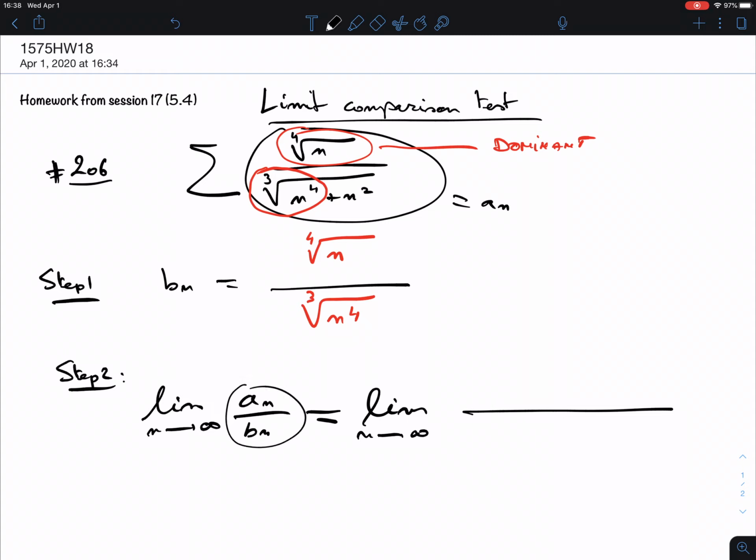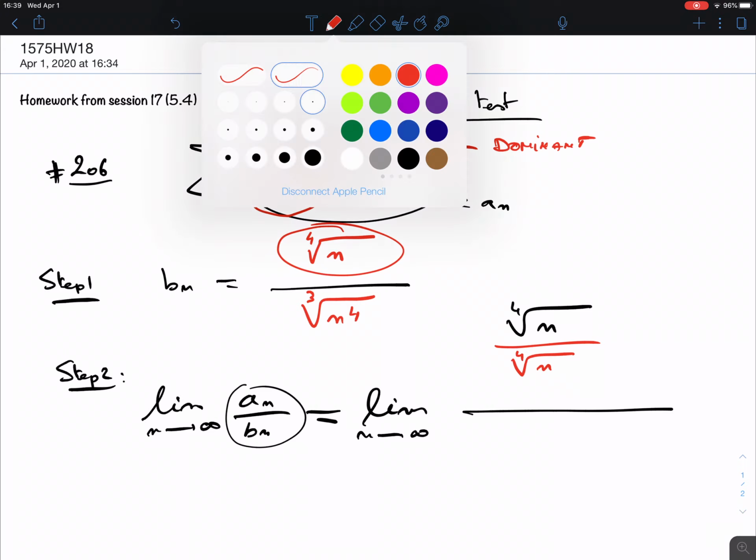We have the division of an by bn, which can be carried out by dividing the numerator of an by the numerator of bn. And now we do the same for the denominators.